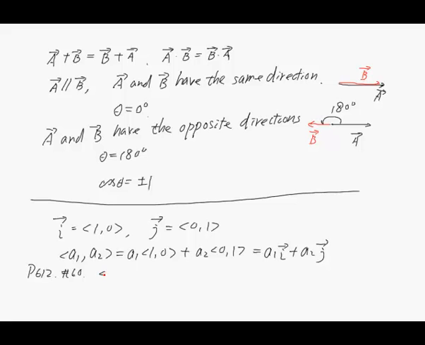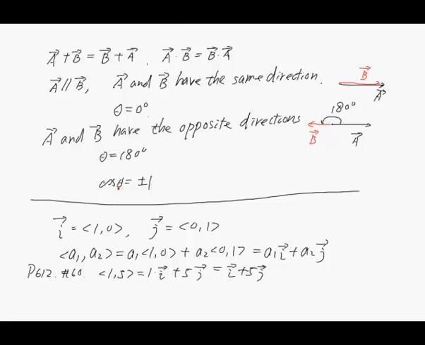We have the vector 1, 5. So actually, by this formula, this is equal to 1 times i plus 5 times j. And then you get i plus 5j. Okay, very simple.